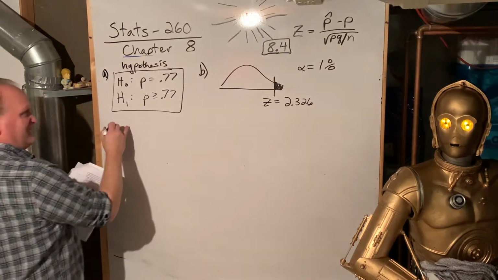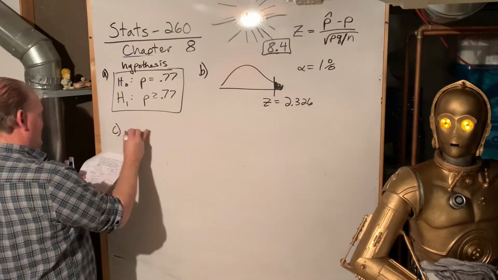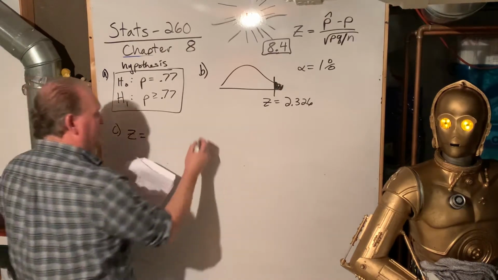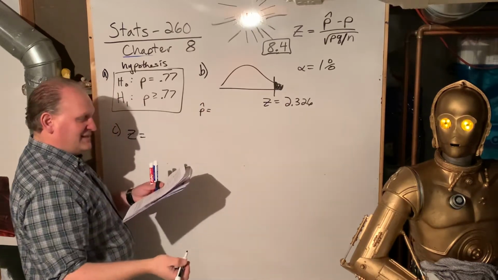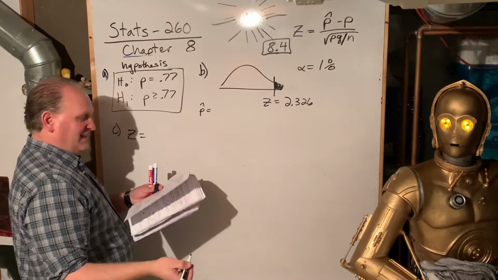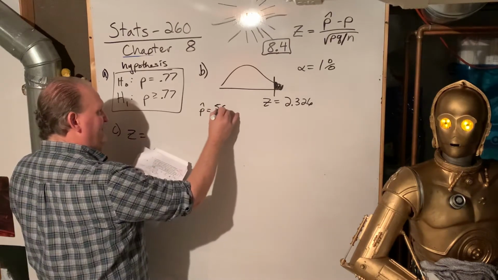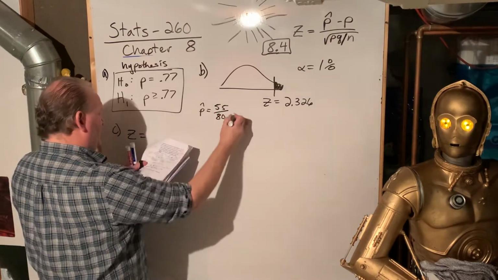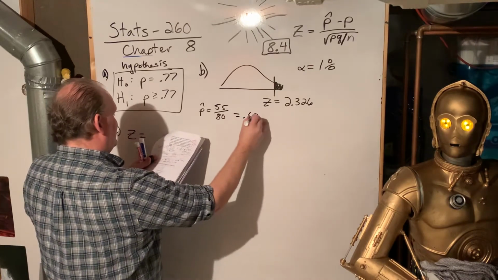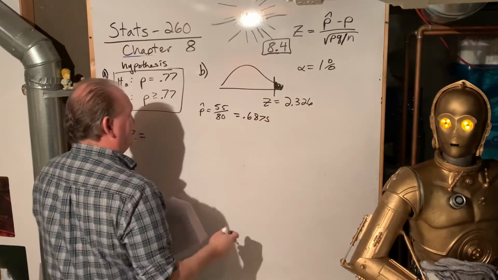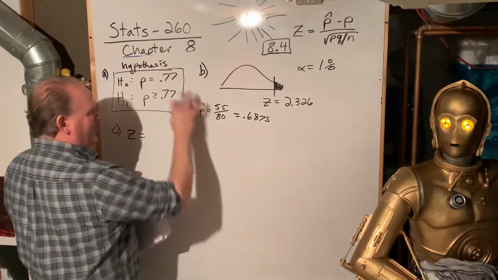Let's find our test statistic. So z is equal to, well, let's find p hat. He surveyed 80 people, 55 of 80 were opposed. Well, that's 0.6875, which is less than this already.